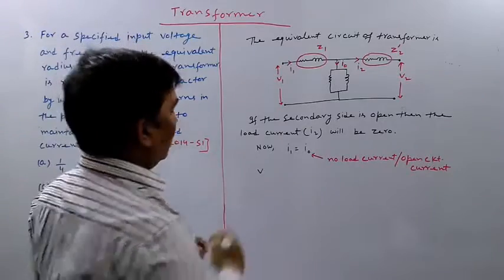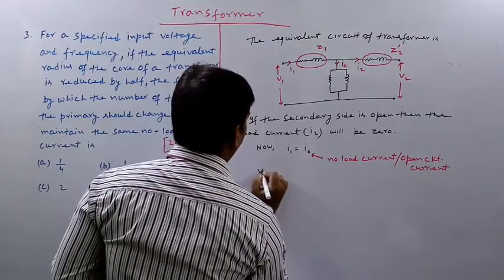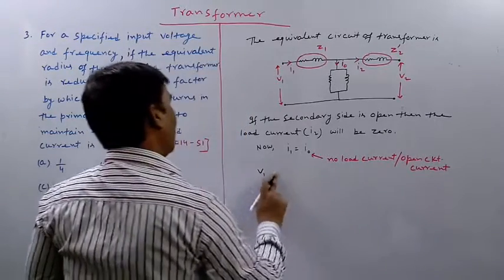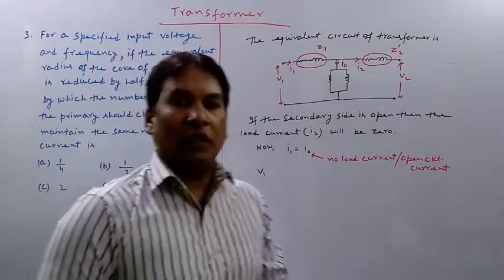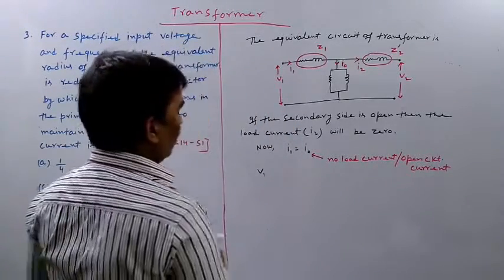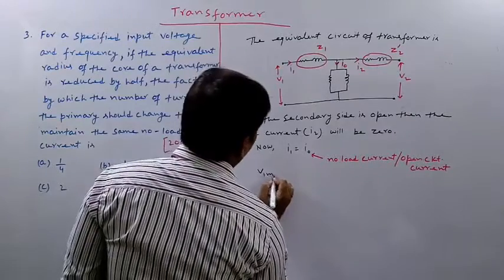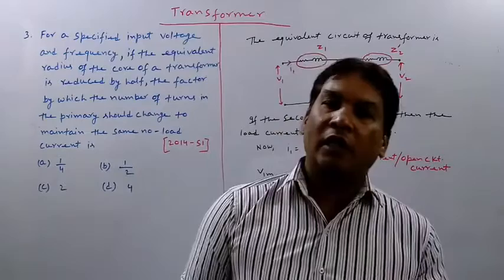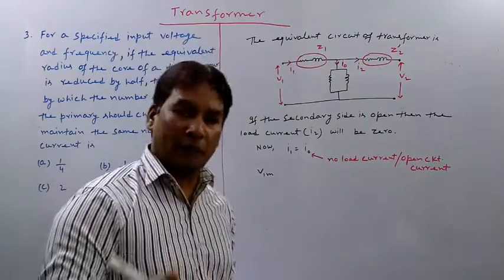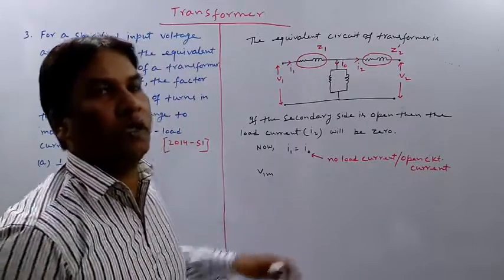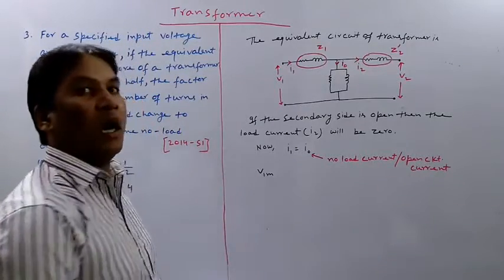So V1 is, the amplitude of primary voltage V1. You can say V1m, because it is sinusoidal, so sin omega t will also be associated, but I am writing only the amplitude, or you can say the RMS value.